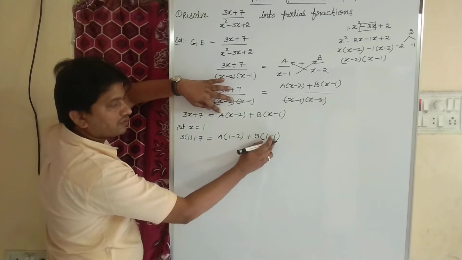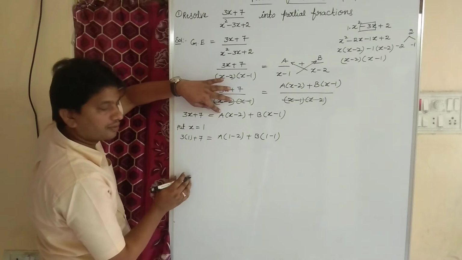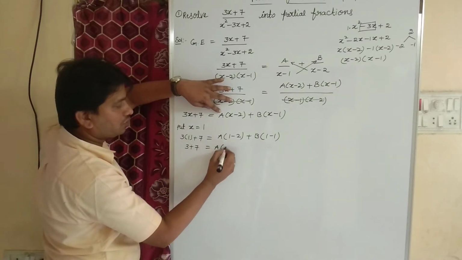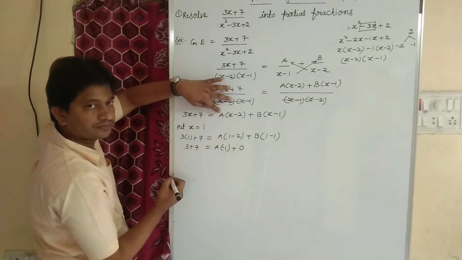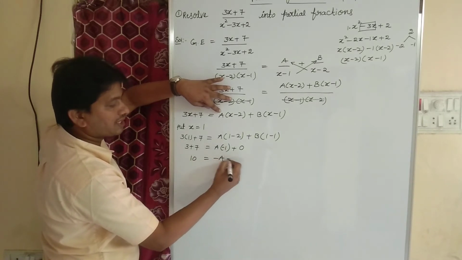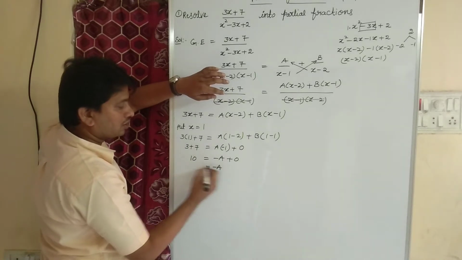Okay, 1 minus 1 is equal to 0. 0 into something is 0. Right? So 3 ones are 3 plus 7 equal to a into 1 minus 2, minus 1, plus 0. 3 plus 7, 10, equal to minus a plus 0. Minus a only is equal to 10.